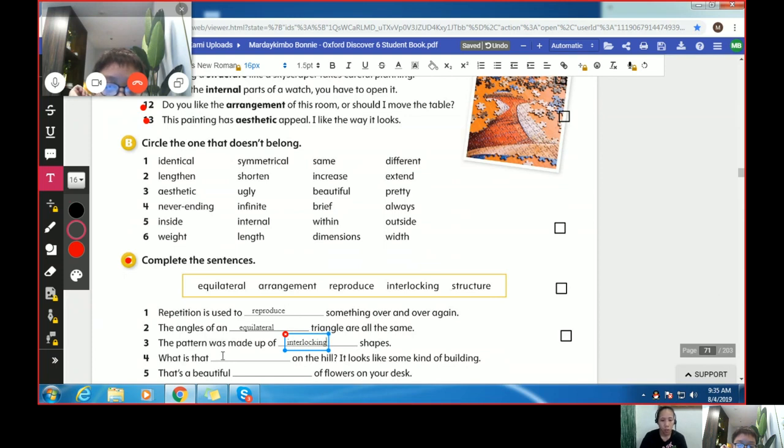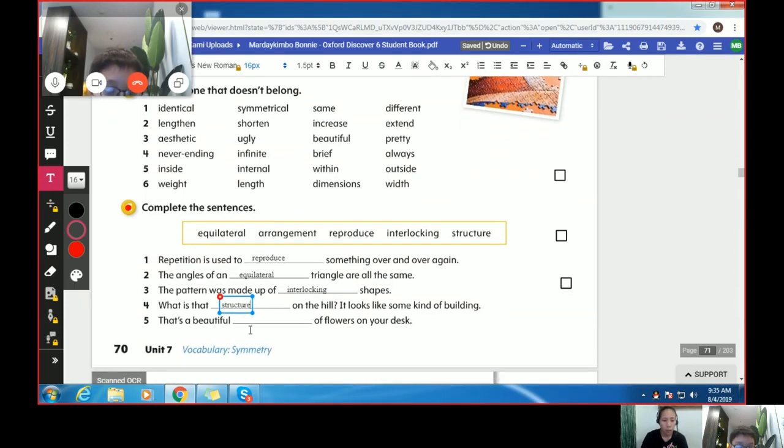Number four. What is that structure on the hill? Structure. Good. Number five. It's a beautiful arrangement of flowers on your desk. Very good. There you go. These are all correct answers.